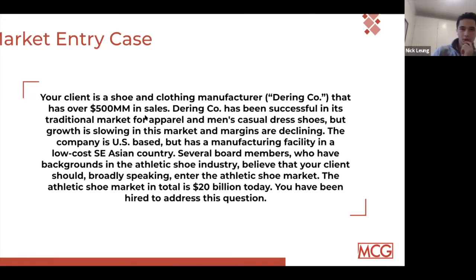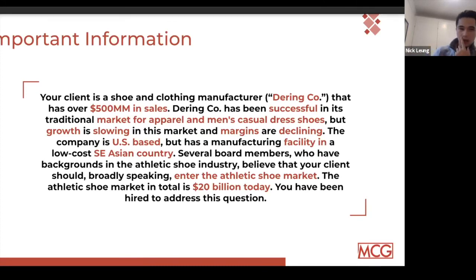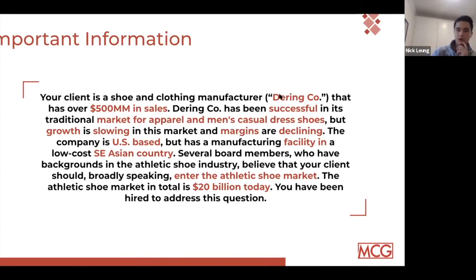Okay, cool. So, right, the most important thing with this case is before you framework, you want to pull out what the most important information is to the case. Right, so again, we want to know company details, so the company name, or what they do, right? They're in the market for apparel, men's casual dress shoes, and then also any quantitative data.